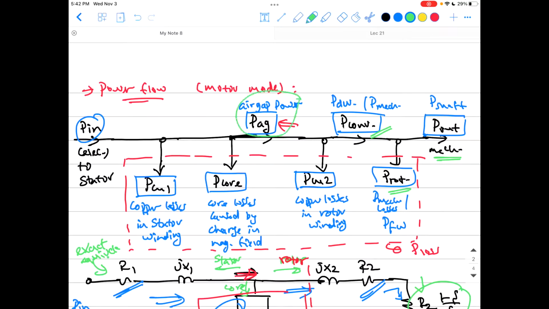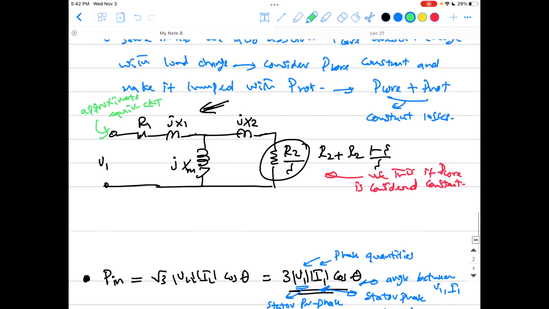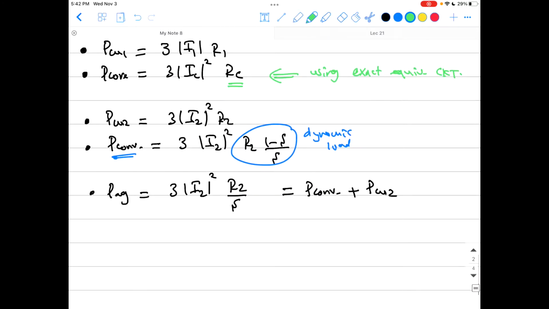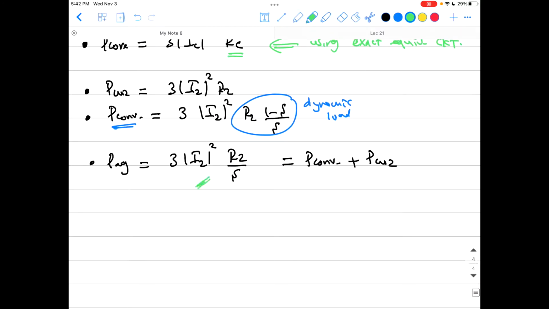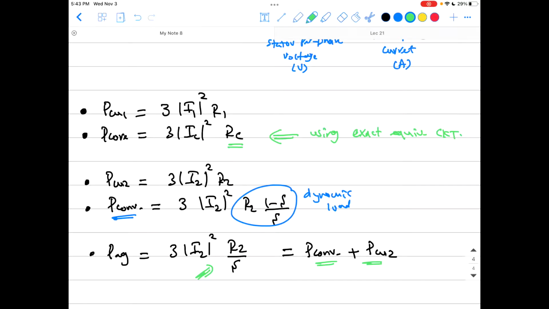It is the summation of P copper 2 and P converted. So it can be calculated from the equation 3 I2 squared R2 over S, or by addition of P converted and P copper losses in the rotor. It's your way.